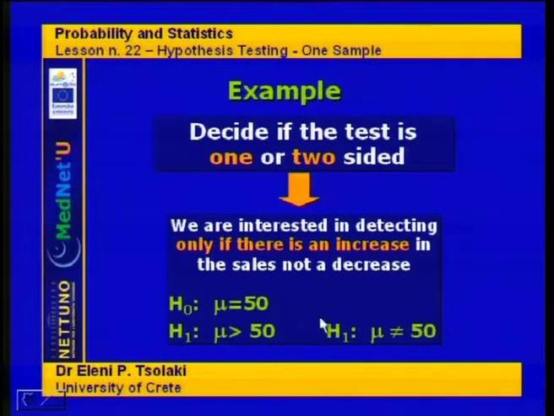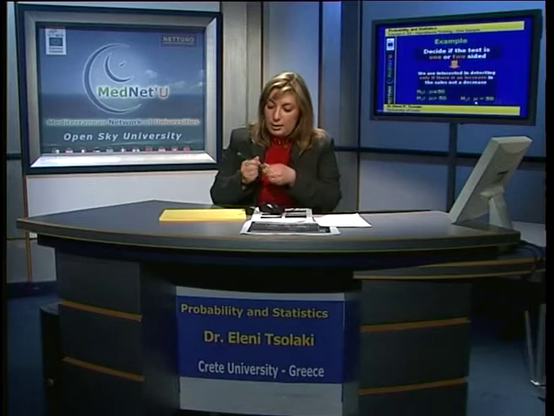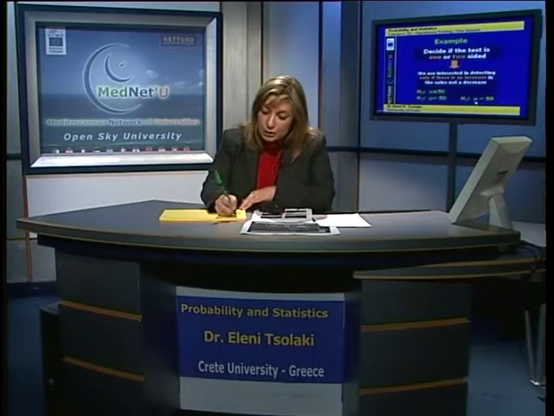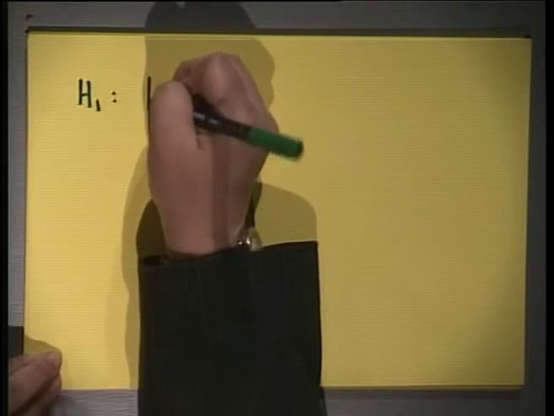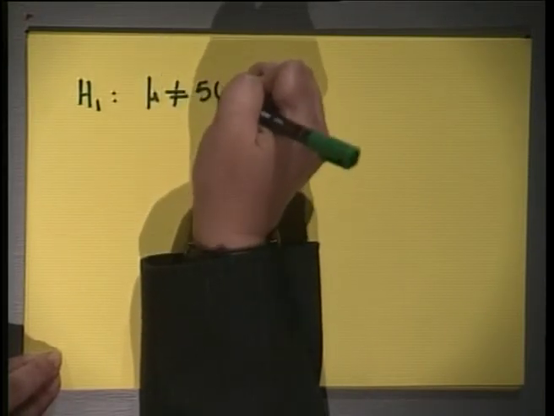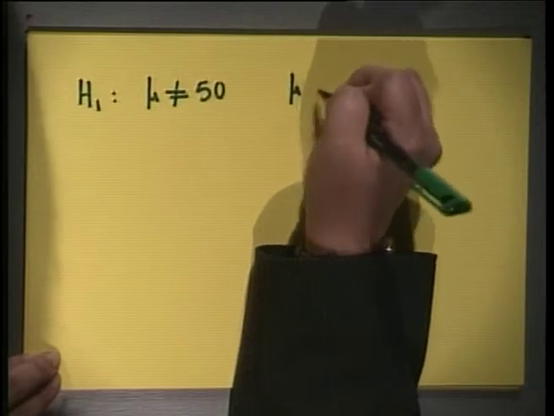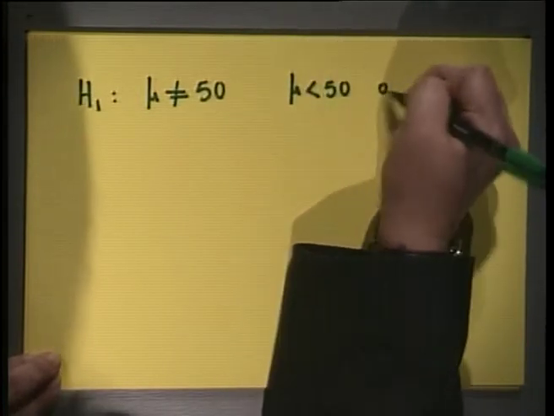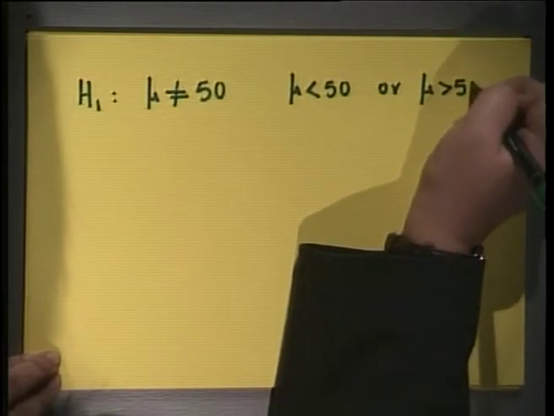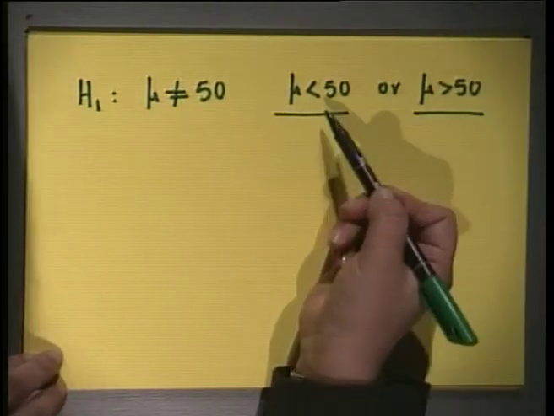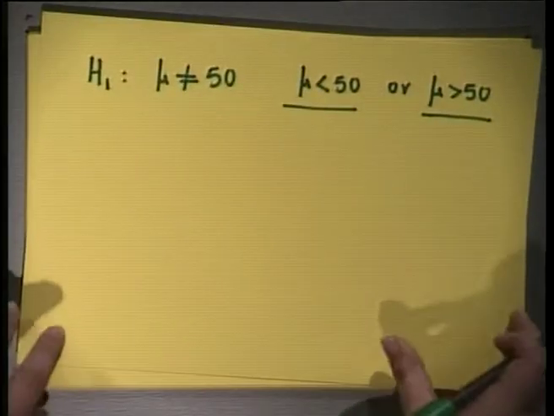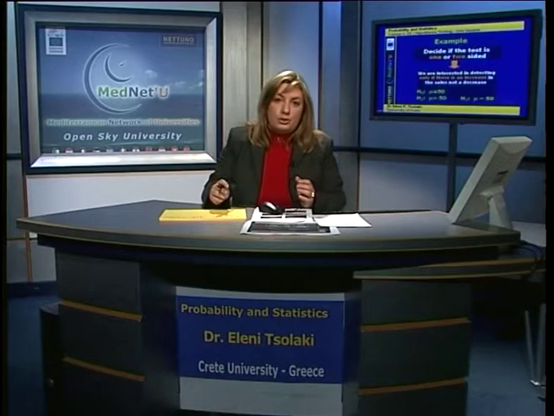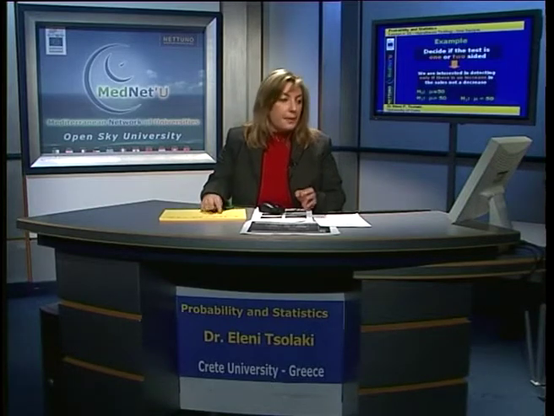If our alternative question was that the mean is not equal to 50, this would mean that the mean is less than 50 or greater than 50, both of these and not one of these two. Then we would have a two-sided question, a two-sided hypothesis.